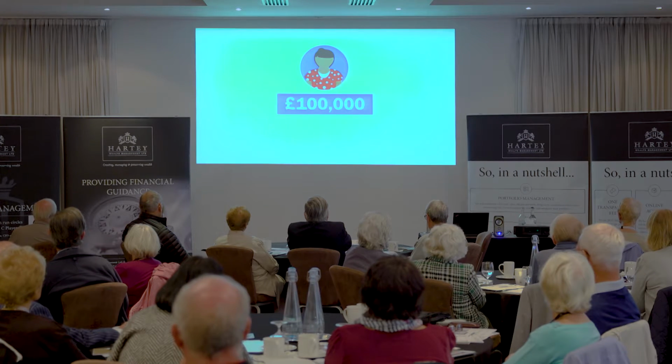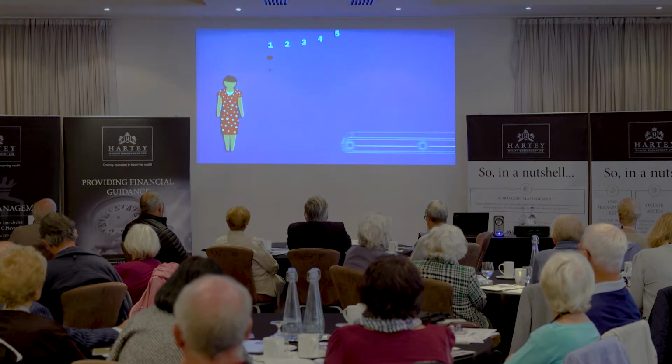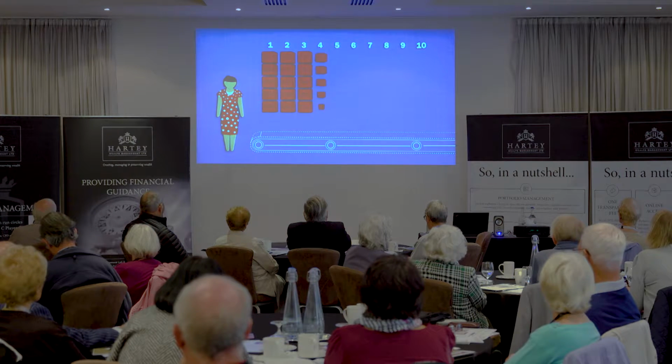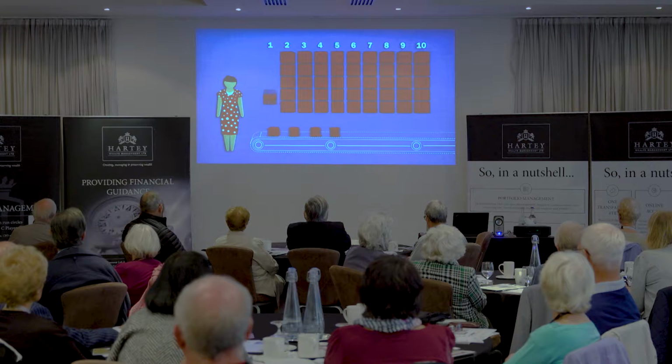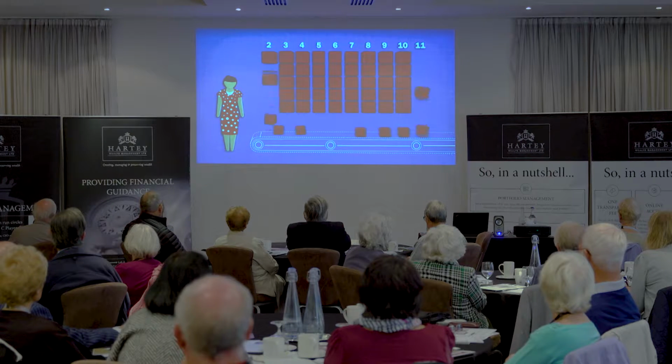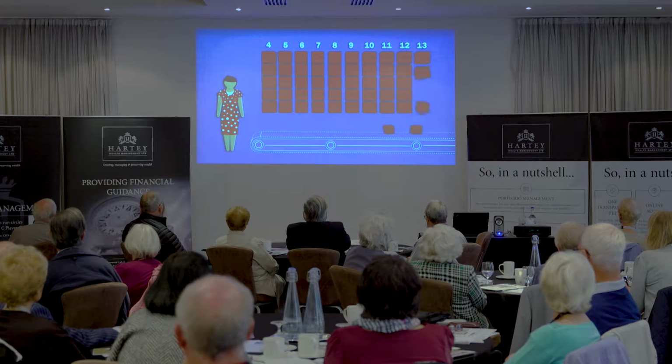Sally invests £100,000 into the Wealth Preservation Account. She splits this over 10 years, with 5 policies of £2,000 maturing each year. For the first 3 years, Sally has no need for additional income, so the maturing segments are moved to the end of the conveyor belt, creating an 11th, 12th and 13th year.